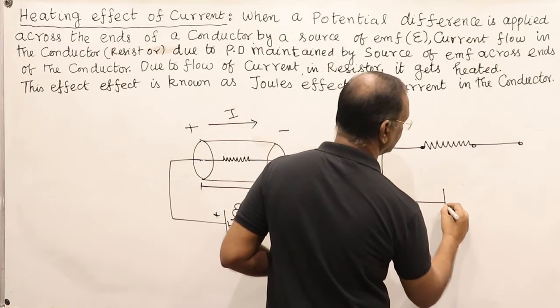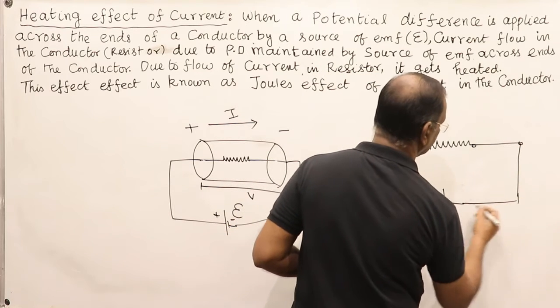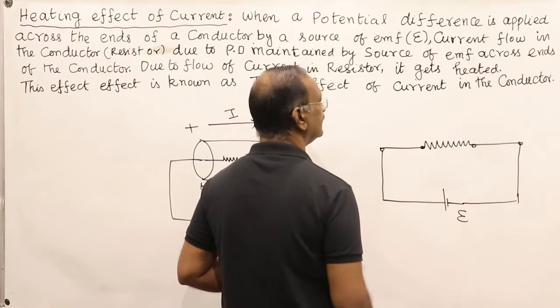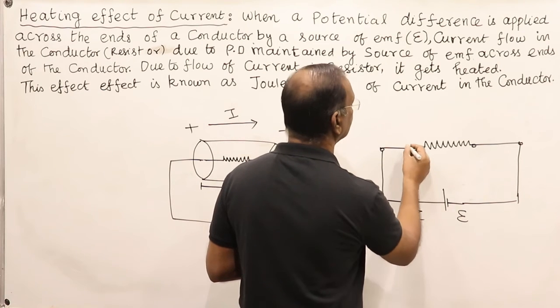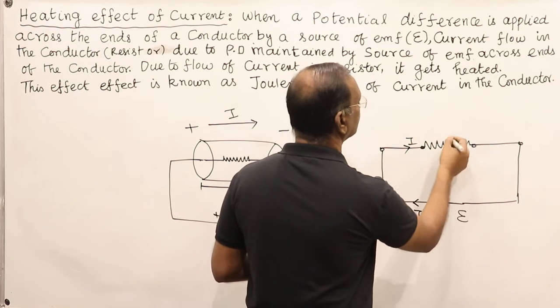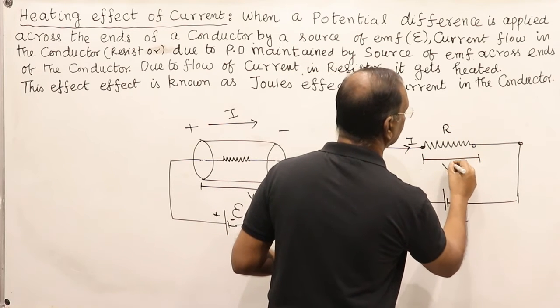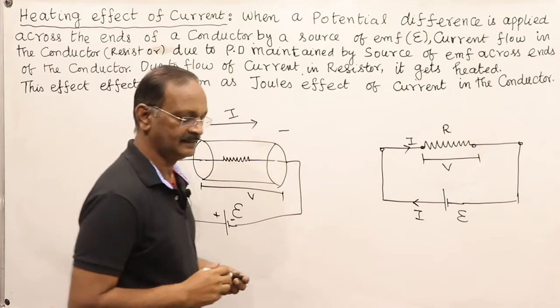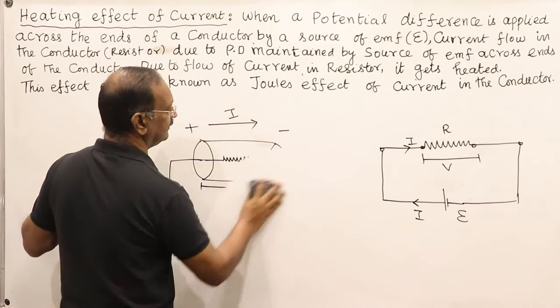When the EMF source, that is a battery, is connected across this, the current will flow from the positive terminal to the negative terminal. This is the resistance, and this is the potential difference developed across this conductor. This is the simplified diagram.